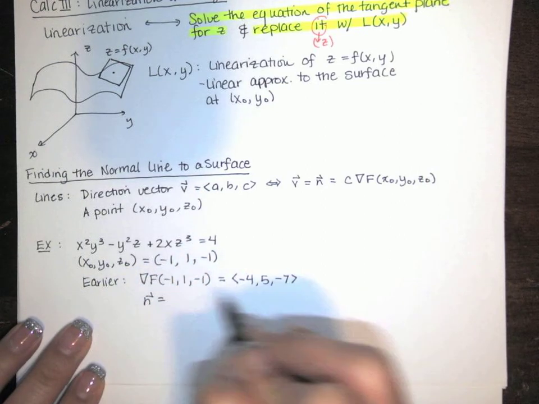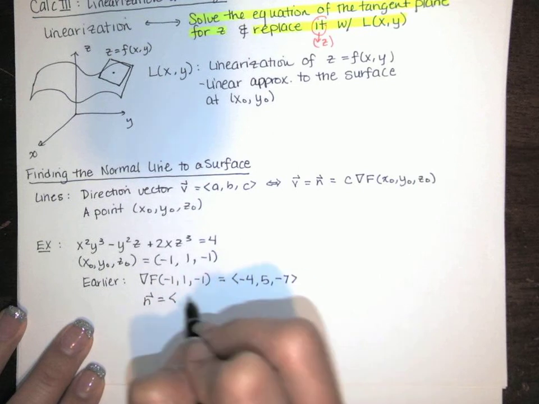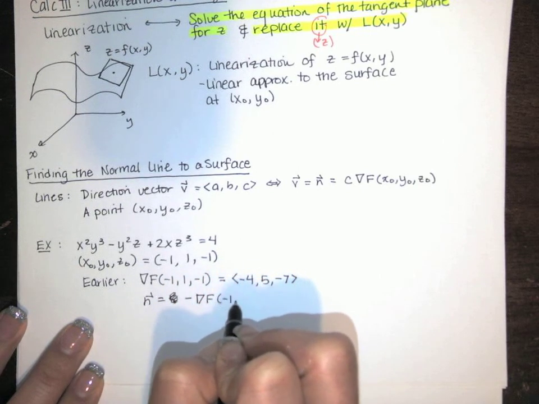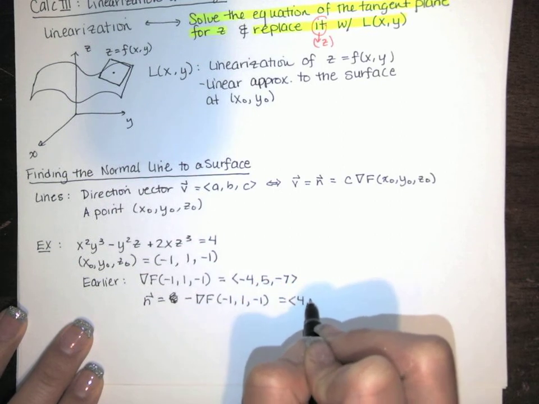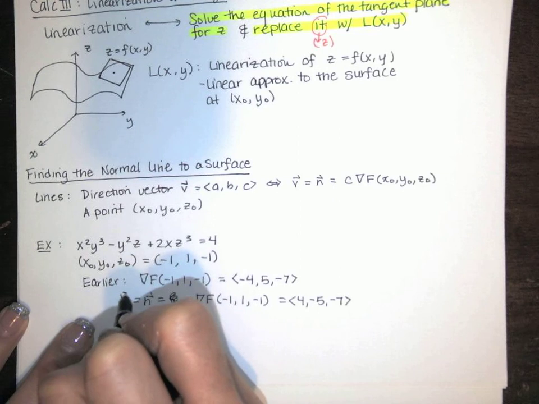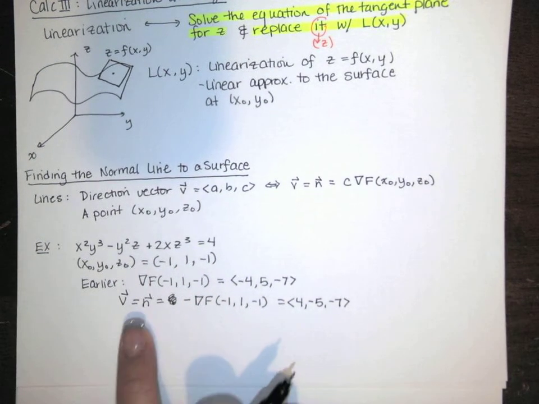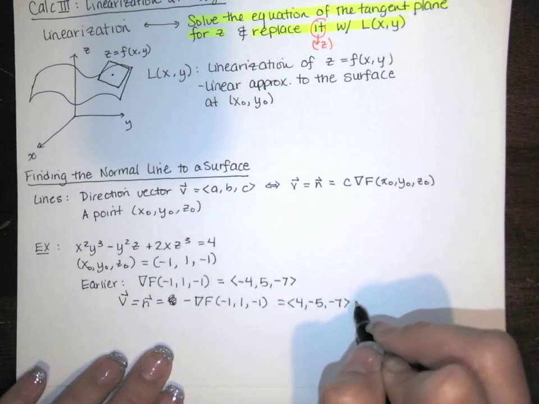I multiplied it by -1 because I wanted that x-coordinate to be positive. So I said, let's take the negative of that. The normal vector of the plane and the direction vector of the line are the same thing. So this is your ABC.